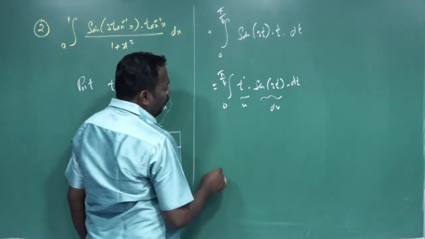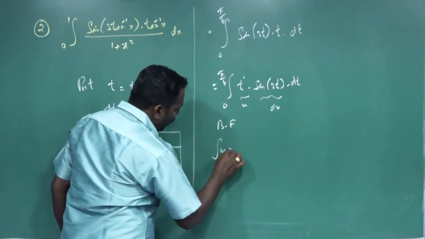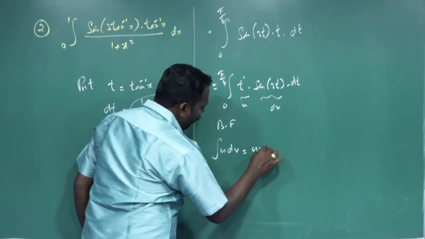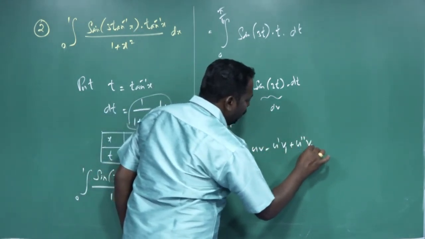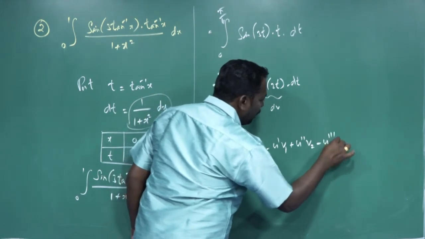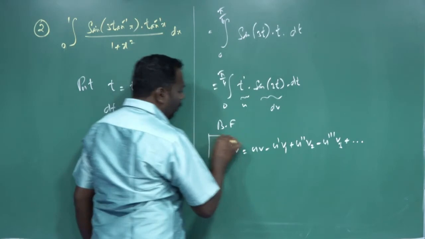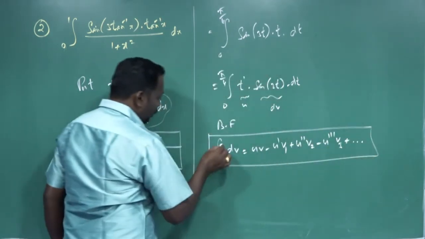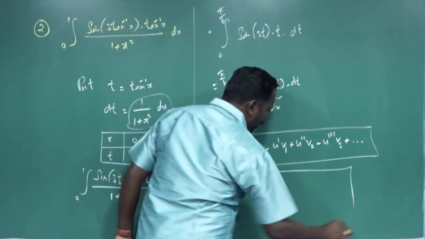Therefore applying Bernoulli's form, integral u into dv is equal to uv minus u dash v1 plus u double dash v2 minus u triple dash v3 plus etc. It is Bernoulli's form. Now here we have to make a table.